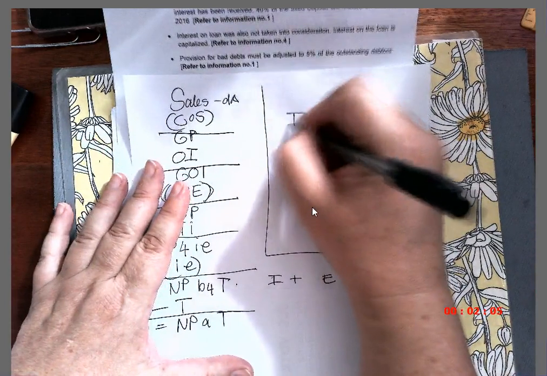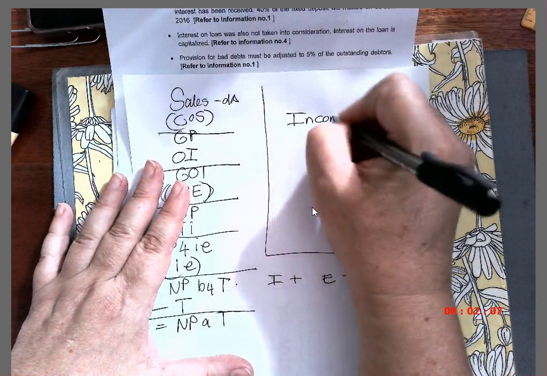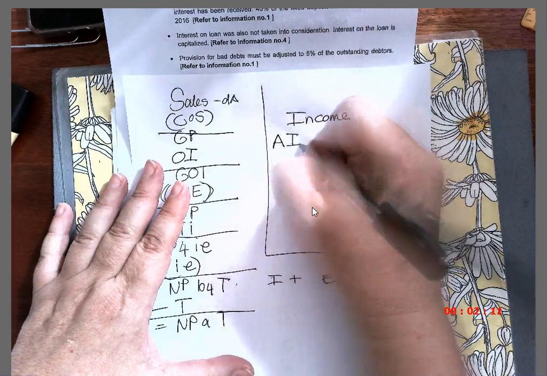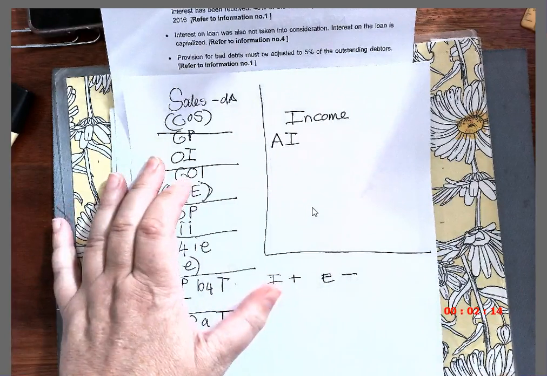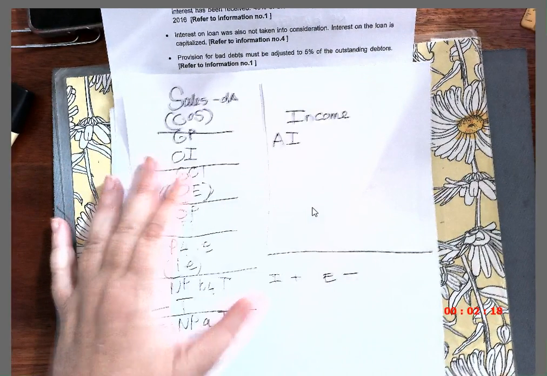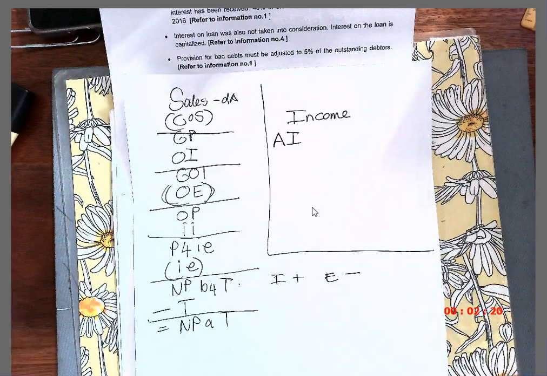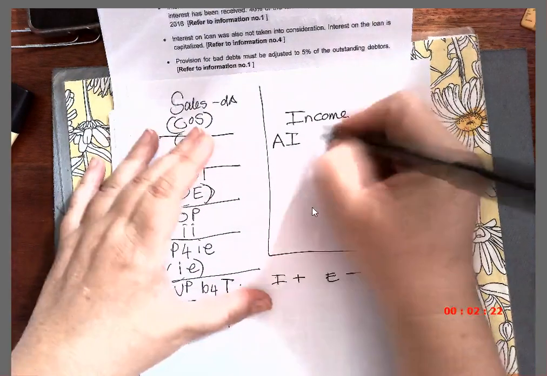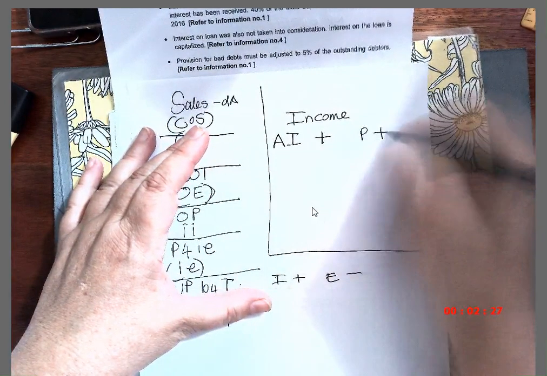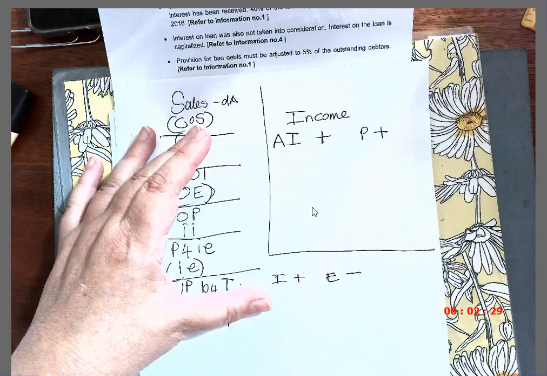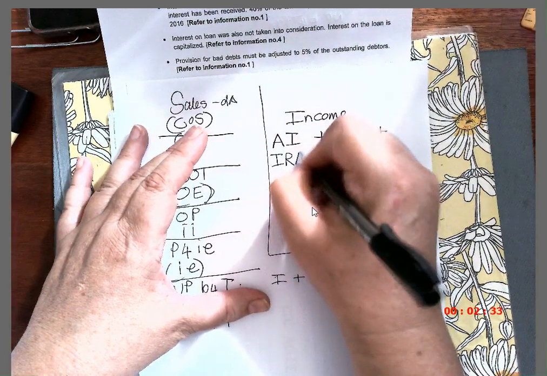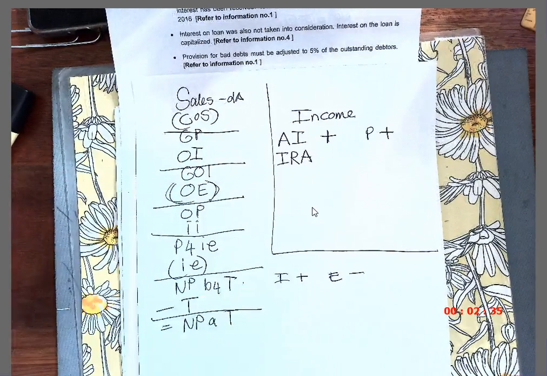My income. If I go look at my income, if it's an accrued income, what does accrued income do to my income? What does accrued always do? It always plus. And if income plus, it means profit plus. You get it? What does an income received in advance do to an income?